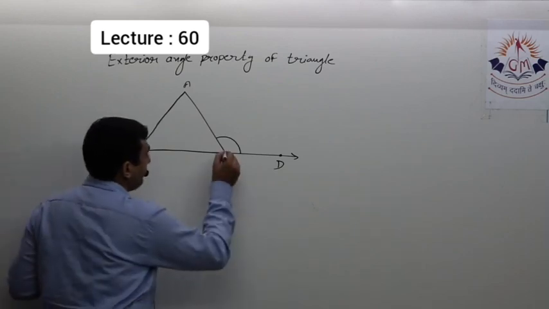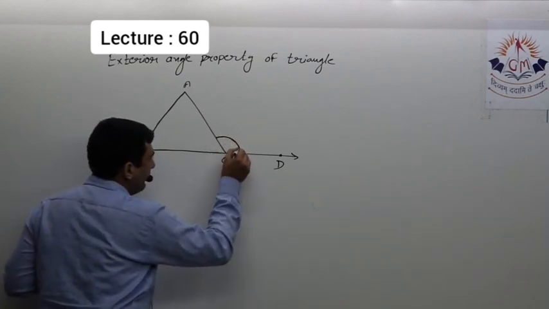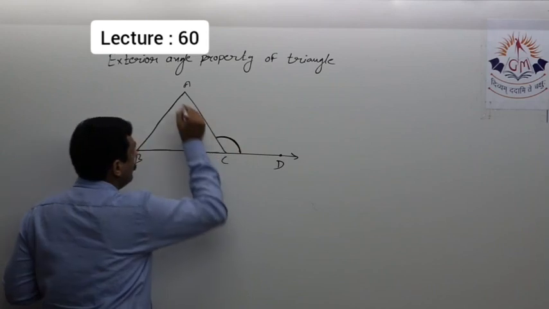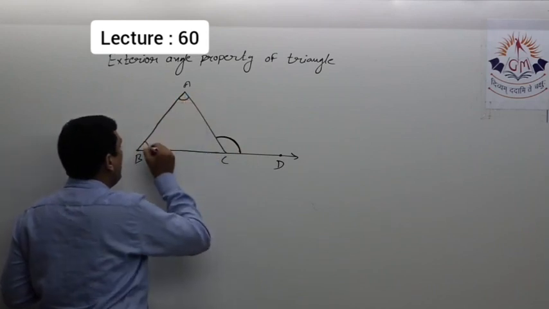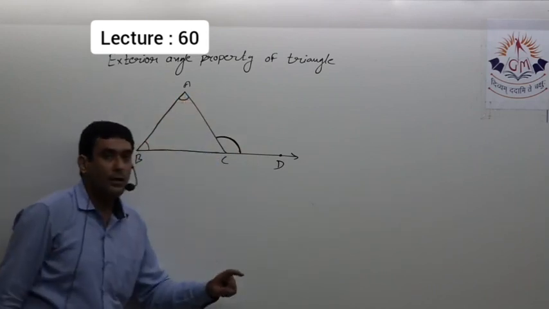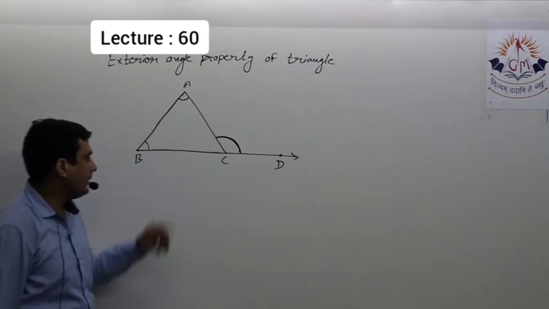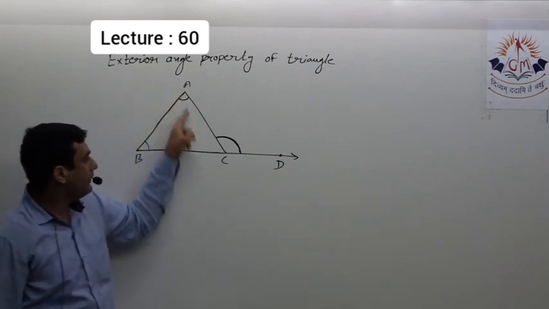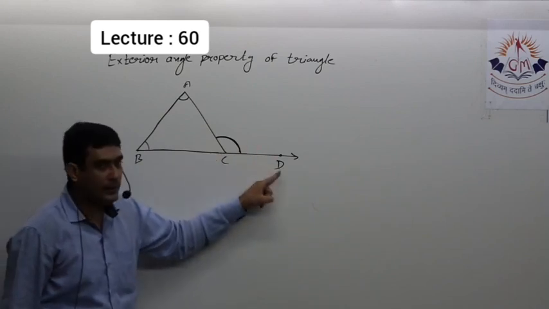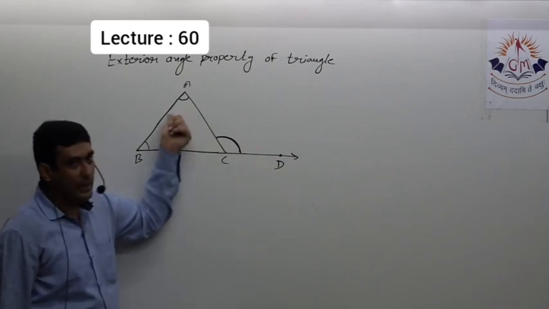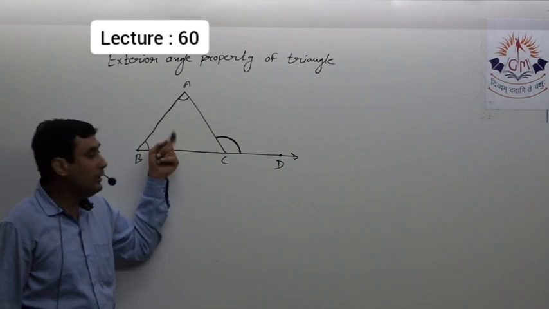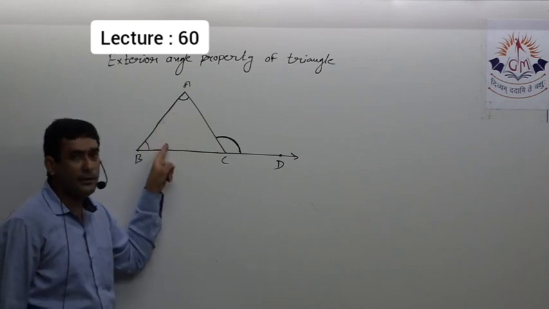Now see, when this is the exterior angle, with respect to this exterior angle, angle A and B are called remote interior angles or opposite interior angles. Again I am repeating, with respect to exterior angle ACD, angle A and angle B are called remote interior angles.